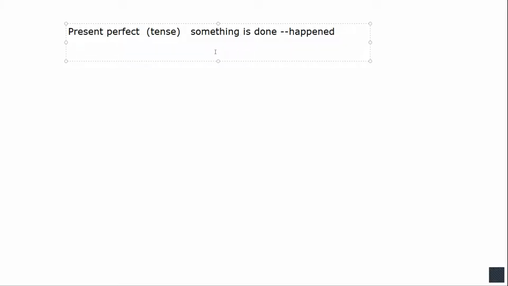And what it is using is the present of have plus a past participle. So in English, this will be, I got to pick something that's regular. I have spoken. I've spoken.